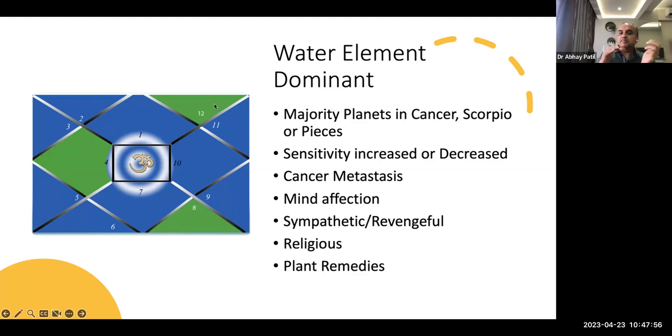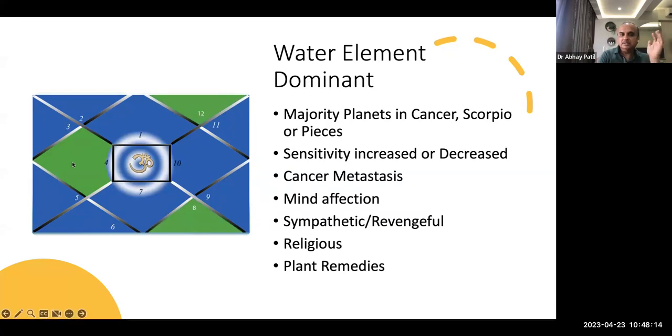Pisces, the problem is related to indecisiveness. They want to be spiritual, but they are trapped in worldly things. They want to get out of the world, but they are trapped. So there is confusion, Pisces.